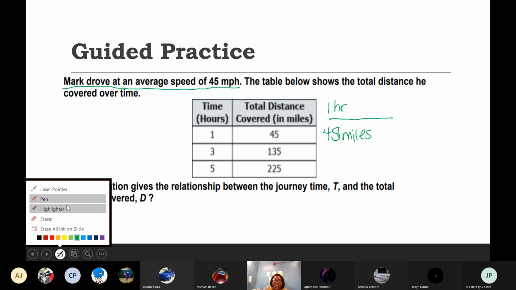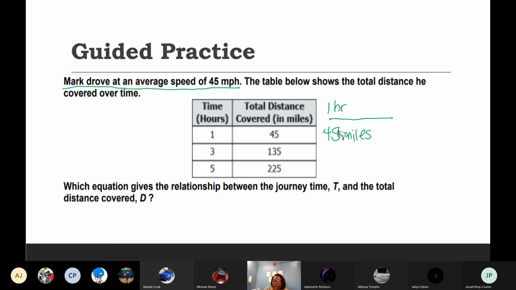the model that you see me drawing, could you draw it as well, please? One hour, he drove 45 miles.